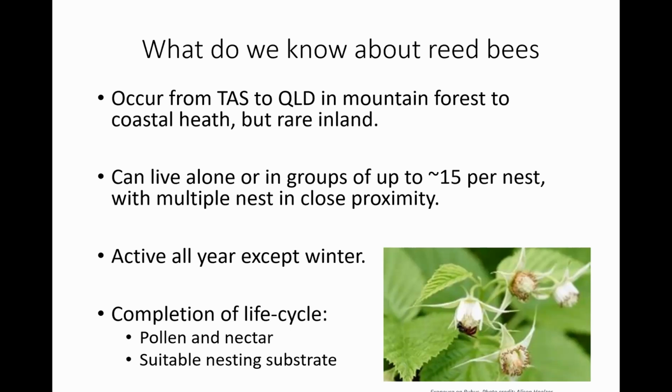And like all other bees, to complete their life cycle, they need pollen and nectar to grow their babies and give themselves energy, and also suitable nesting substrates to lay their eggs in and raise their young. So I'll focus a little bit on the flower resources and the nesting substrates that reed bees need.